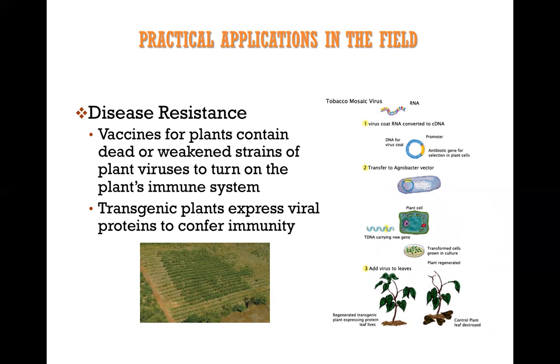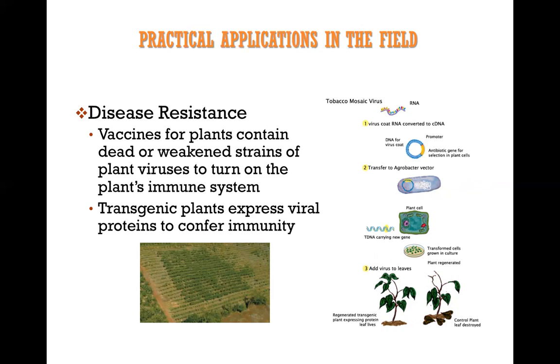But ultimately, where we started was looking for disease resistance, essentially causing plants to be able to overcome plant viruses or plant diseases, and basically allowing them to take in this antibiotic gene into their genome, which essentially would cure the plant internally, even if it were to be in contact with the virus.